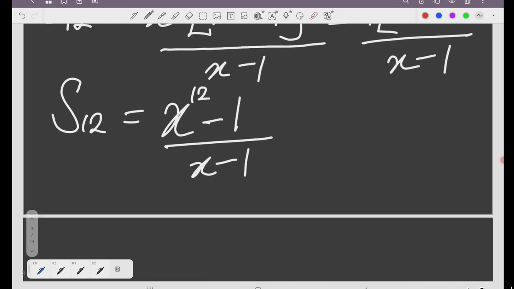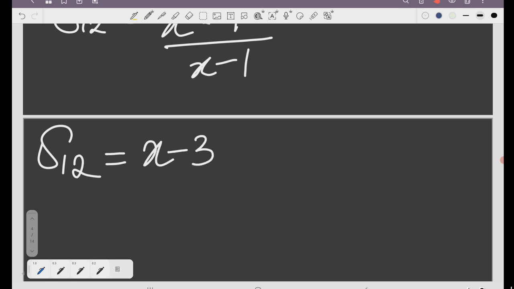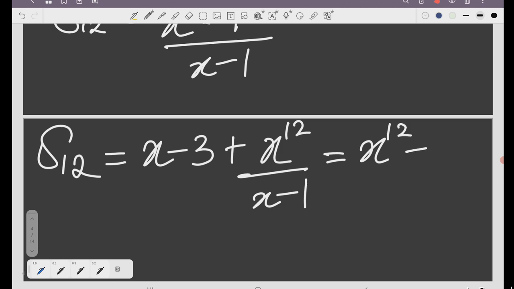Recall that the sum of 12 terms is the same thing as x minus 3 plus x raised to the power 12 divided by x minus 1. And from our answer that we've gotten just now, it is x raised to the power 12 minus 1 over x minus 1.